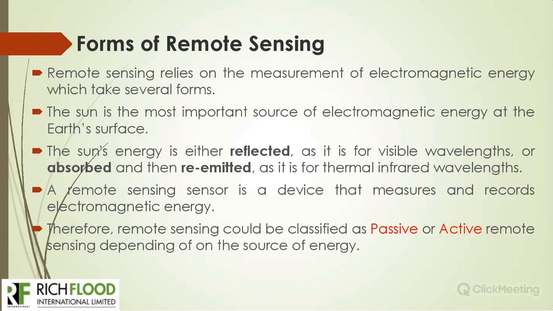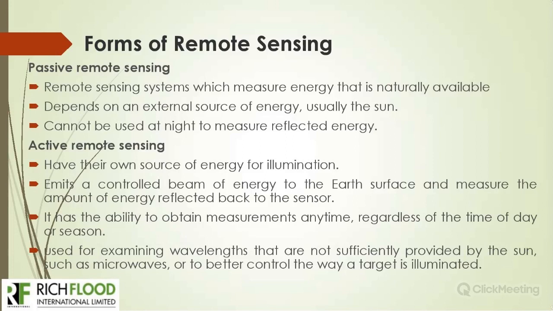So depending on the source of the energy and the type of sensor, you could classify a remote sensing system as either passive or active. Like I said earlier, the forms or types of sensor attached to this remote sensing system help us classify the various forms of remote sensing that we can study in applying this technology to environmental impact assessment.